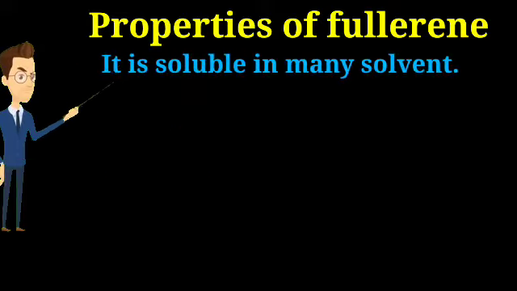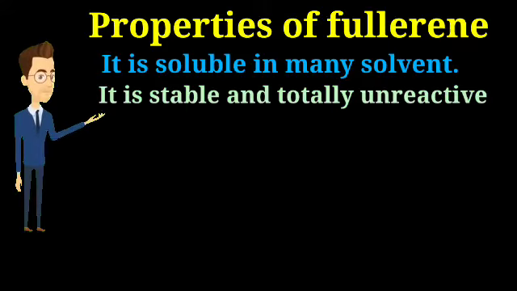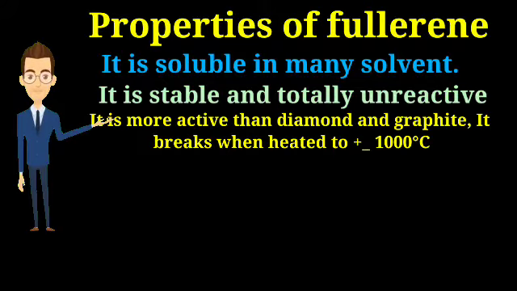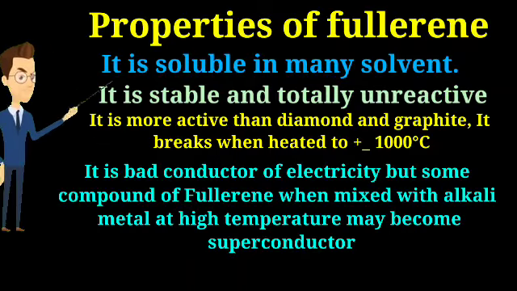It is soluble in many solvents. It is stable and mostly unreactive. It is more active than diamond and graphite, and it breaks when it is heated to around 1000 degrees Celsius. Means at high temperature it can be broken down.